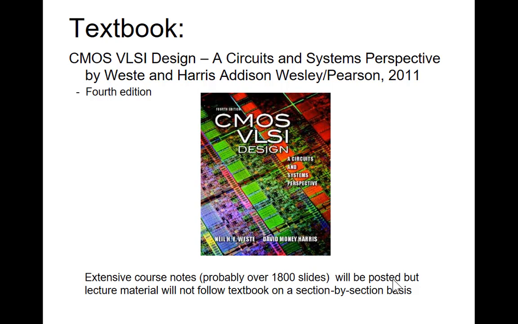I'm assuming that will be the case for those that take 465 in the fall, but I can't guarantee it. There will also be extensive course notes presented. There will probably be over 1,800 PowerPoint slides that will be made available as well. We will make no attempt to follow this textbook on a section by section or a chapter by chapter basis, but much of the material we talk about will be covered in the textbook as well.